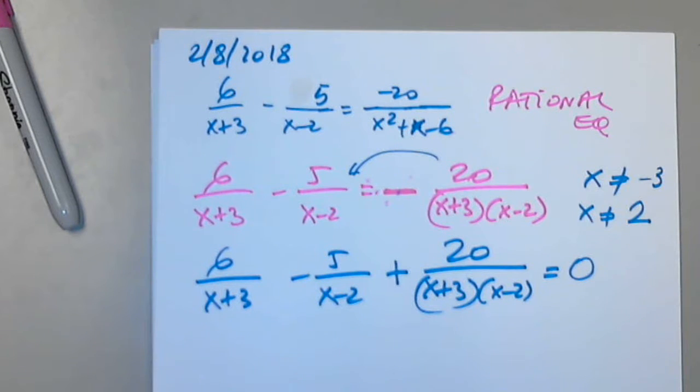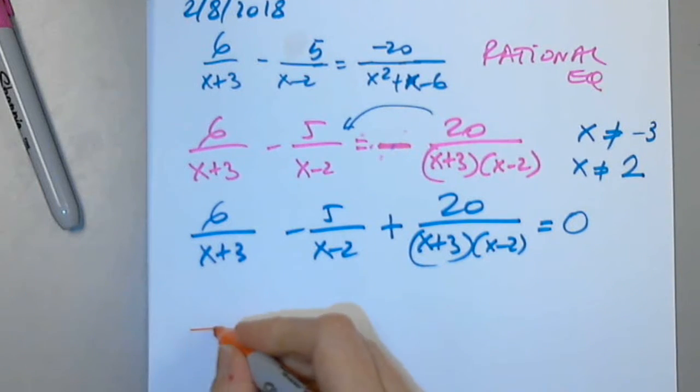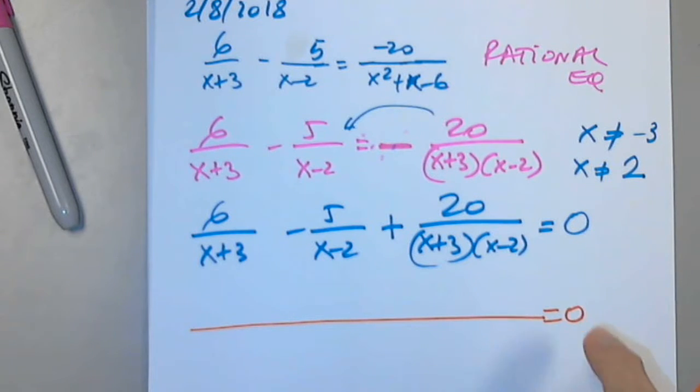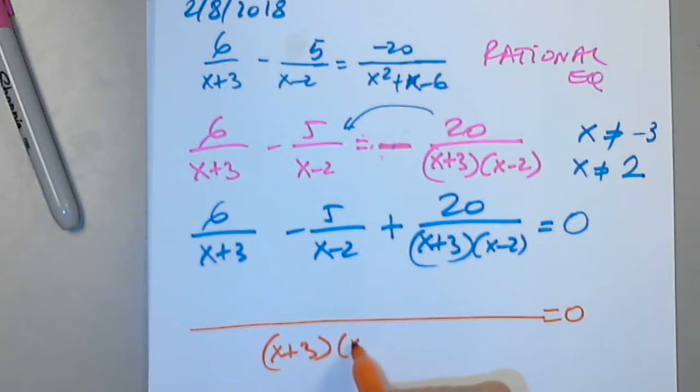Okay? So now I have to find the least common denominator. If I omit the equal symbol and 0, I'll change it into an expression I will never solve. So what is the least common denominator? All different factors have to be in the least common denominator.